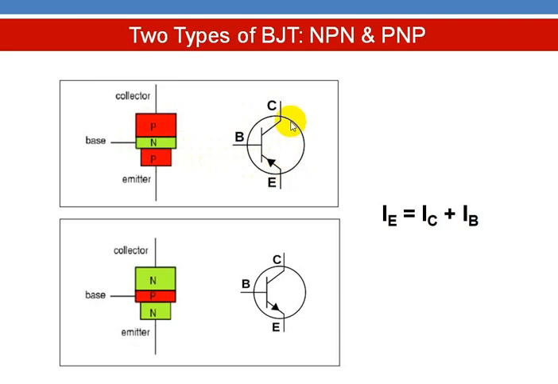This is the symbol for the transistor. Usually the arrow mark is placed on the emitter terminal, pointing inwards. Whereas in NPN transistors, collector and emitter are taken from N regions, and base is taken from the P region, and this is the symbol. Here the arrow mark on the emitter terminal is pointing outwards. Always the emitter current will be equal to the sum of the collector current plus the base current.